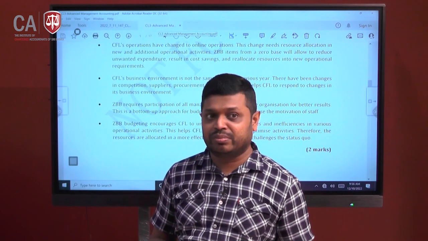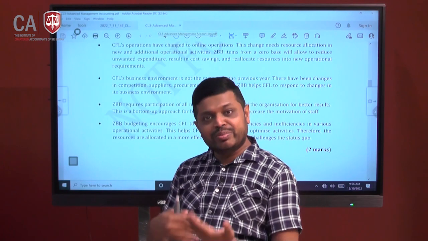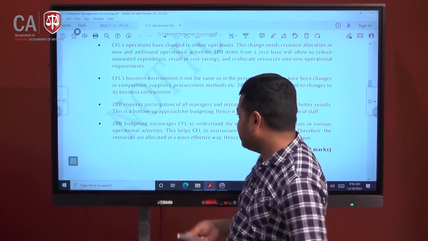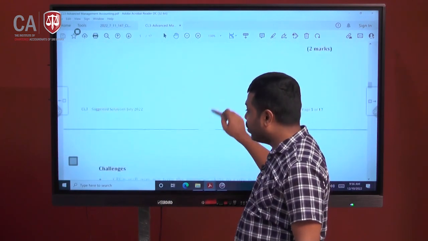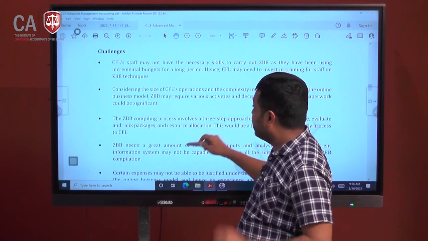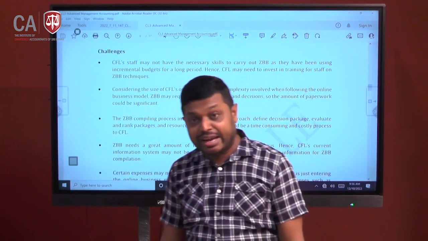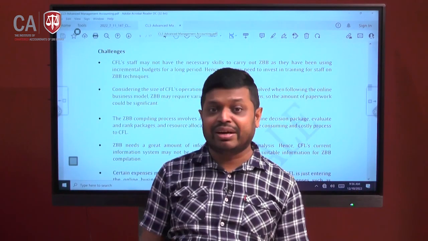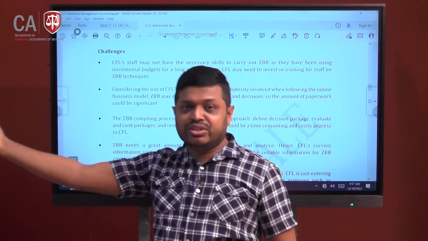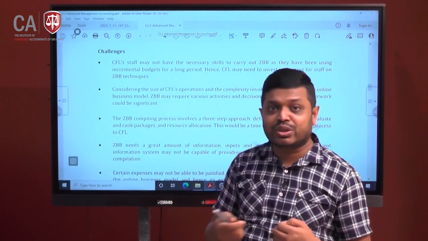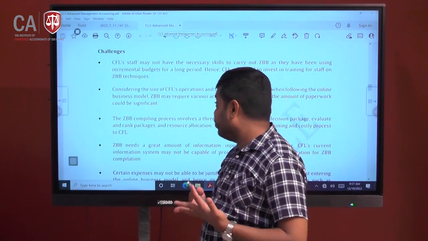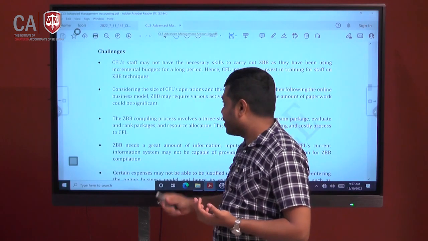See, routine thing, same activity done repeatedly, then zero-based budgeting will not be required. Those are the challenges. CFL staff may not have the necessary skill to carry out ZBB. That will be the problem, because currently what they do is add or change a percentage to the last year's figures. That will be a problem or challenge.